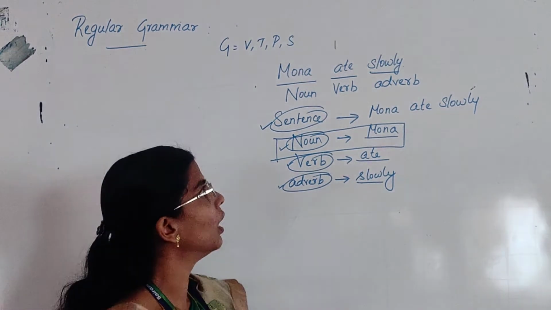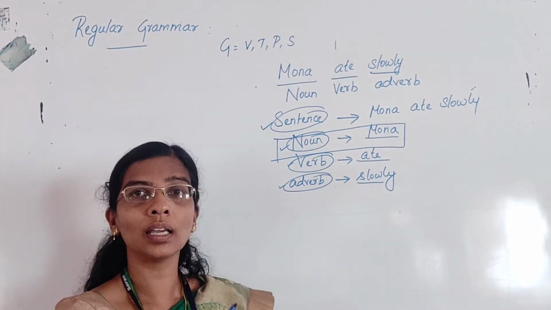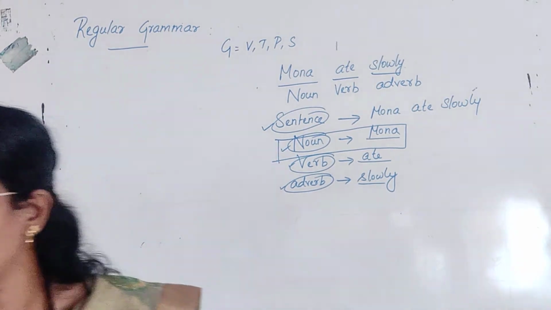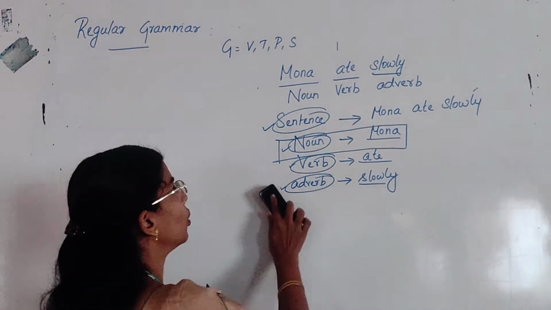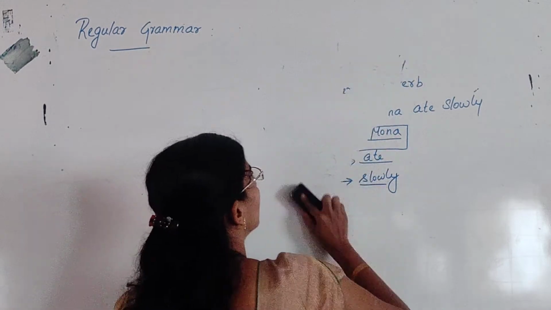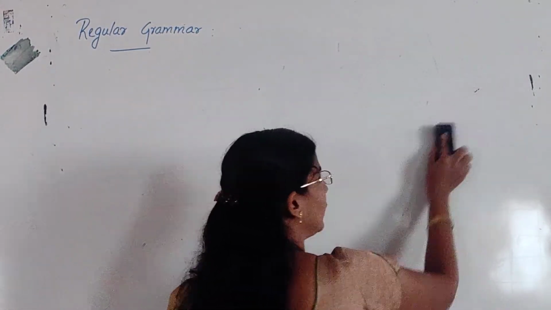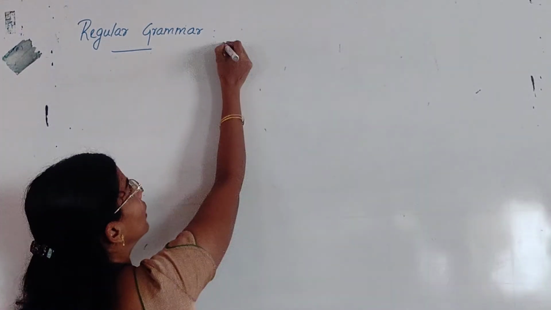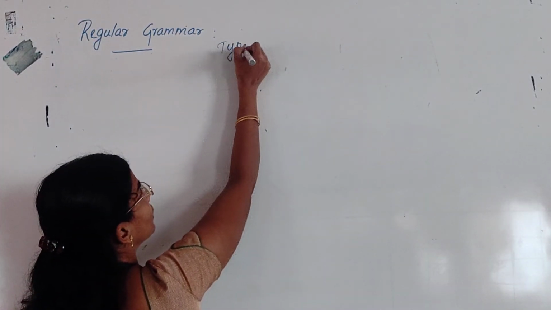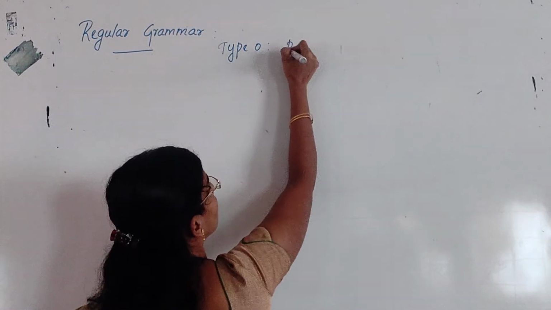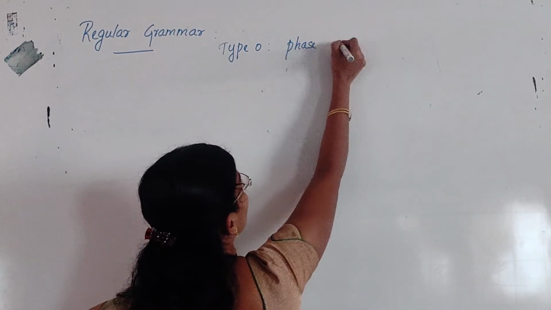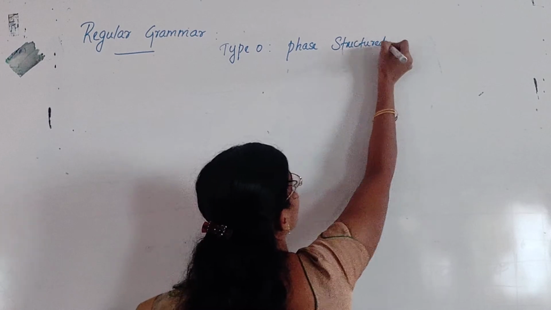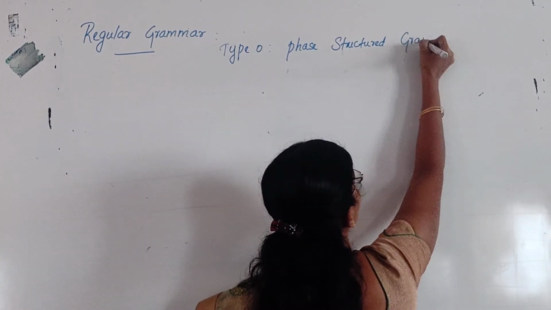So we can see the various grammars. We have 4 types of grammar: type 0, type 1, type 2 and type 3. Type 0 is phrase structure grammar.